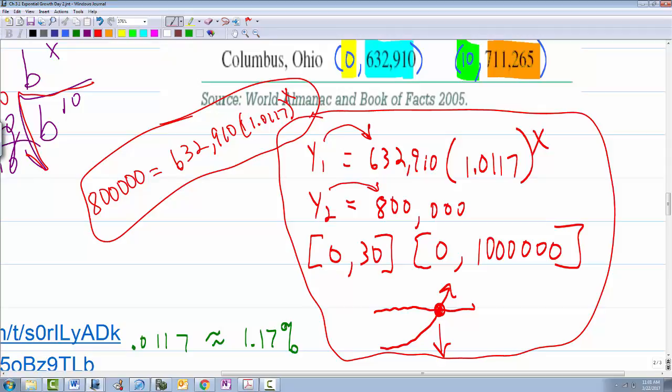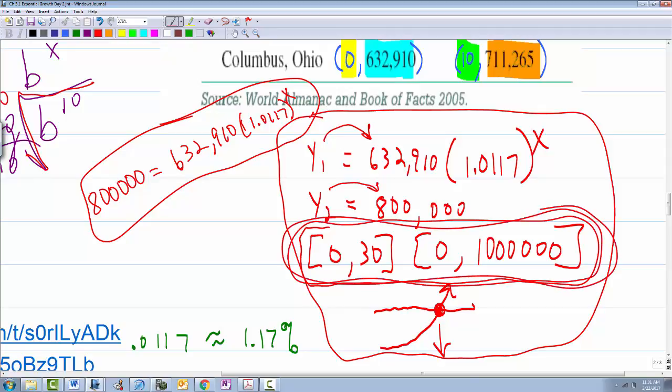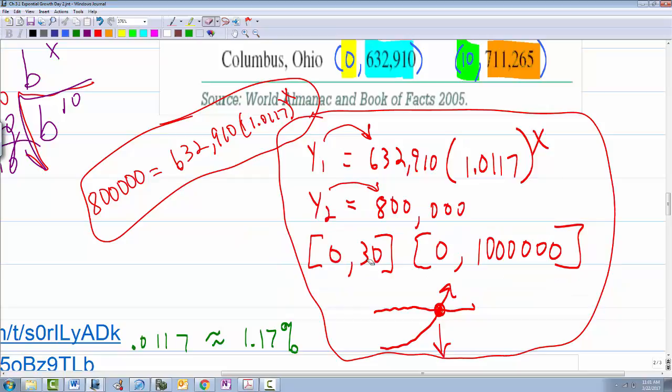But let's just talk about this. What does this represent right here? What am I telling you right here? This is our window. Now, did I go farther than I need to? Probably. At what year do you think this might happen?